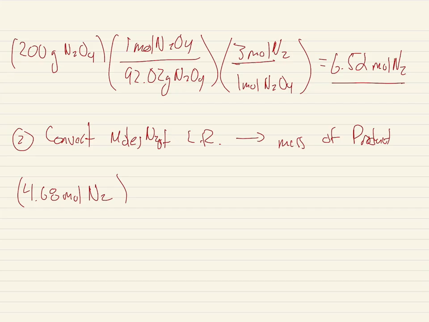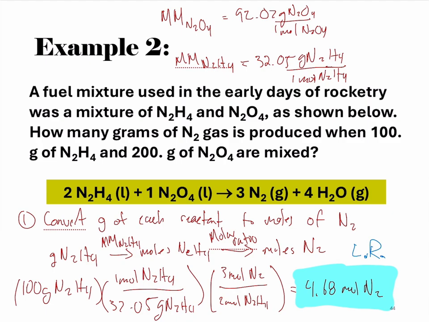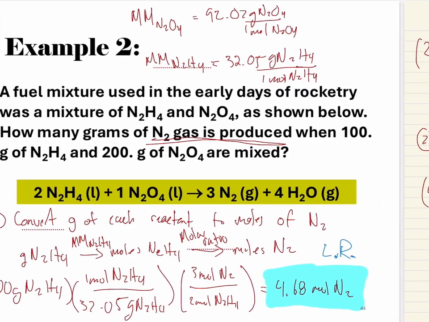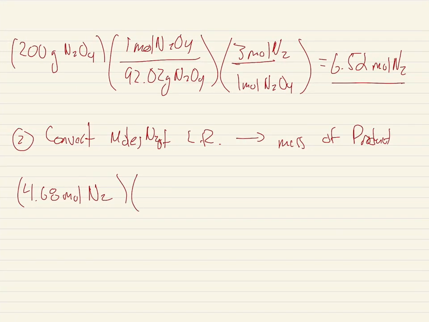Just N2, right? Because we're converting moles of N2 into mass of N2, because it's asking how much N2 is produced. And to determine the limiting reactant, we had to convert to moles of N2 to see which one theoretically makes less moles. The one that makes less moles determines the amount the reaction will actually make when we mix them together. So we use the molar mass of N2.